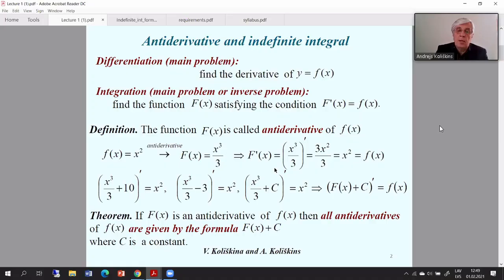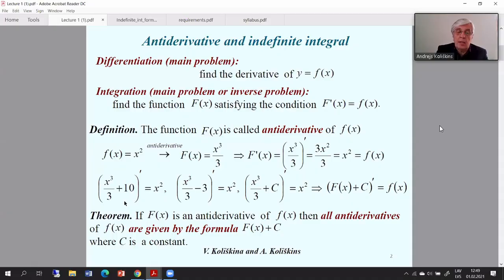But instead of x cubed divided by 3, I can choose, for example, x cubed divided by 3 plus 10. Right? And if you differentiate using the addition rule, the derivative of this term is 0, and the derivative of the first term is x squared. So we can say that the derivative of this function is also x squared. If I choose another constant here, instead of 10, say minus 3, the result will be the same.